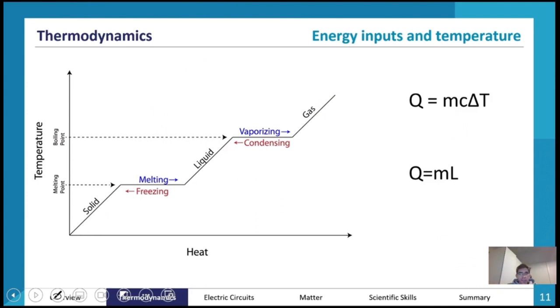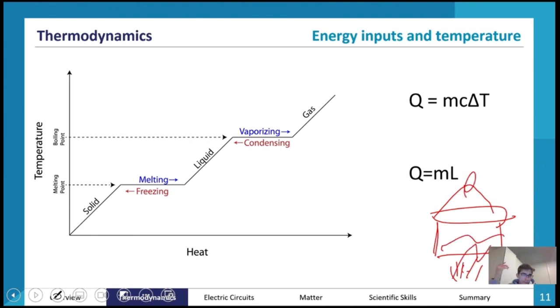Keep in mind that this example makes a lot of sense if you think about the instance of having water in a pot and then you have fire underneath it. The thing is, things can go backwards as well, right?